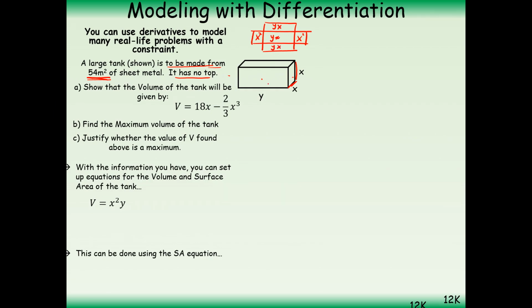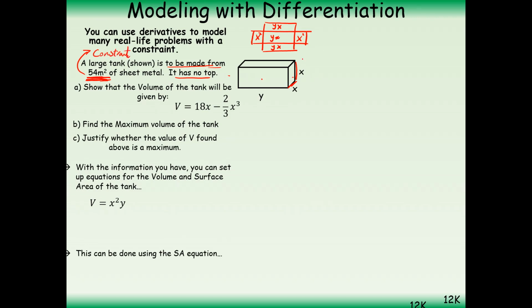I'm not reading the rest of the problem. It's saying to show that volume can be written like so, maximize the volume, and so on. But from this constraint here, I'm reading this area as a constraint.